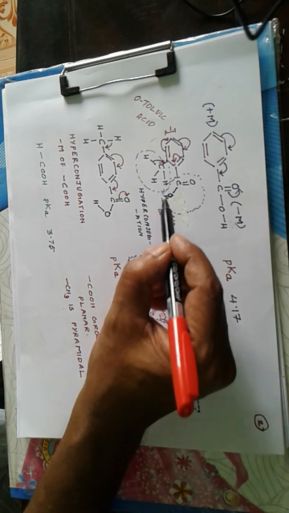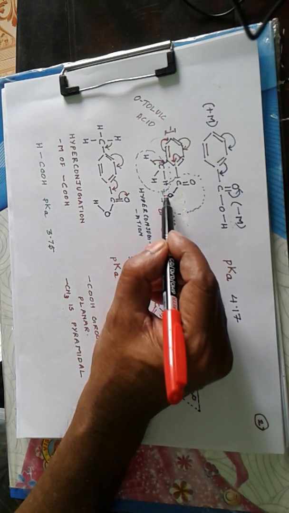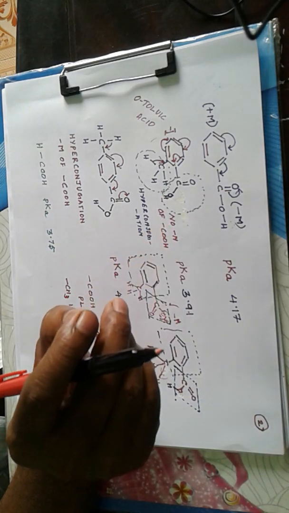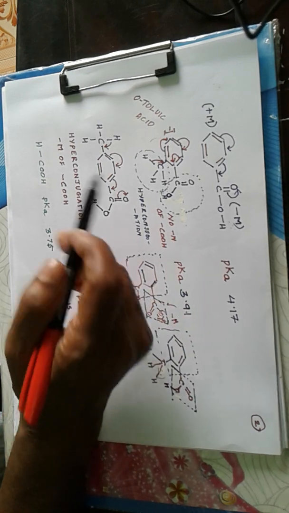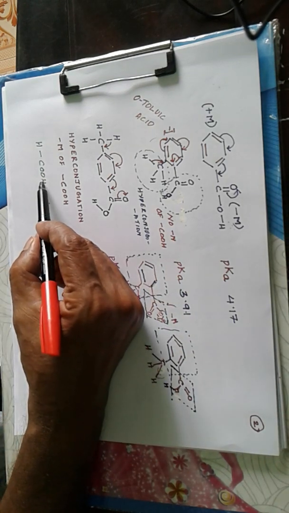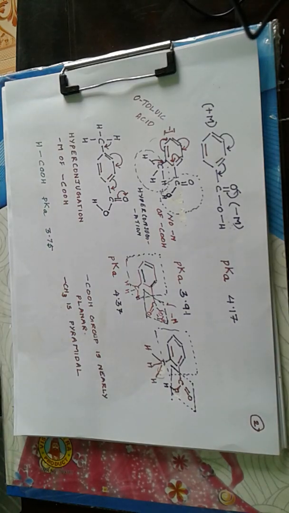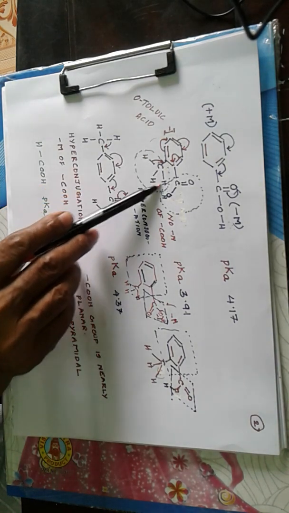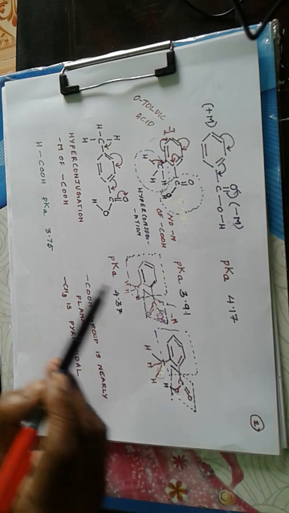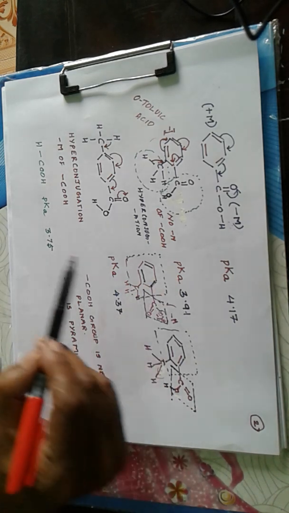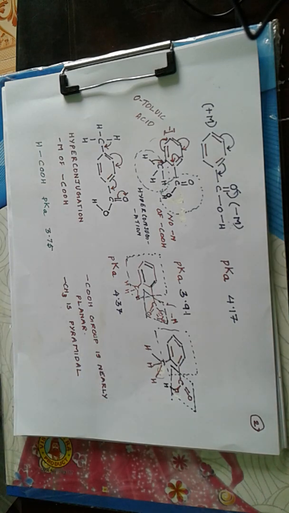So in the OH bond in orthotoluic acid, the oxygen atom will attract the electron pair between oxygen and hydrogen slightly less than the attraction of the oxygen atom for the electron pair in the OH bond in formic acid, and that is again due to hyperconjugation. So the pK value of orthotoluic acid is slightly higher than that of formic acid, and that is mainly due to hyperconjugation.